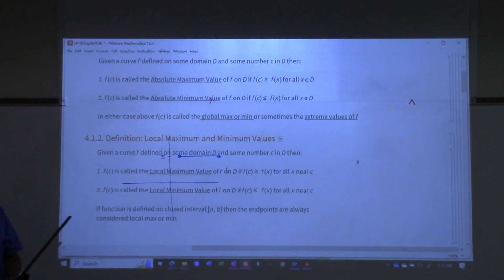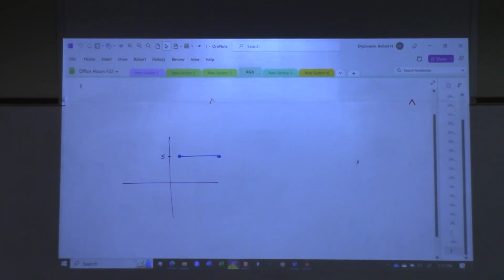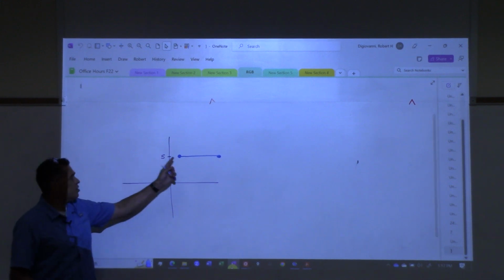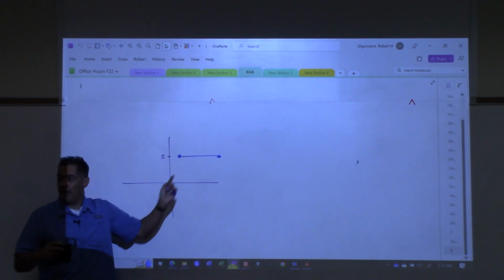If that equal was not underneath, then we would not be able to talk about this being an absolute max. But according to the definition, the value of 5 is an absolute maximum, right? It is greater than or equal to every other value in this function.